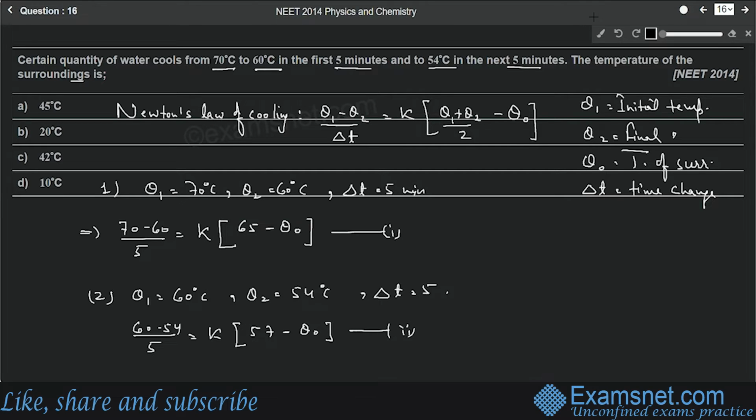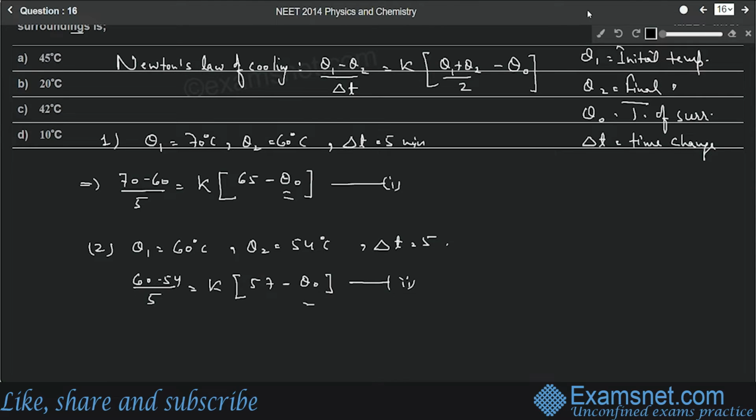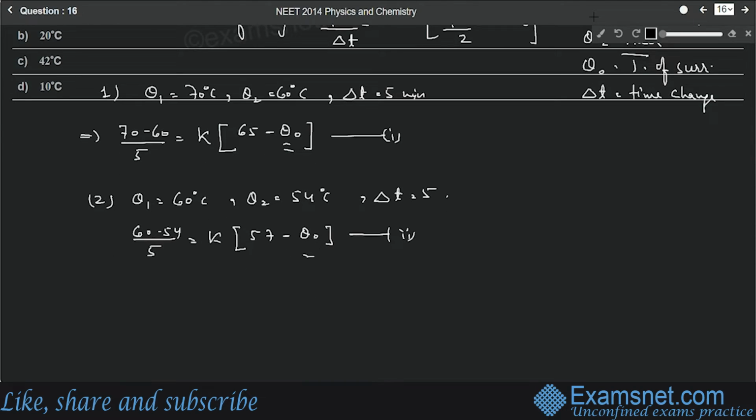We have to find the value of theta naught, that is the temperature of the surrounding, right? So let's divide equation 1 by equation 2. On the left hand side this denominator 5 will be cancelled, and on the right hand side the constant K will be cancelled.